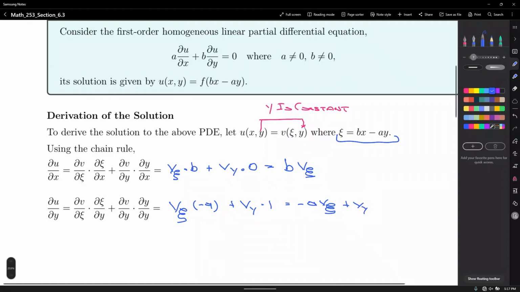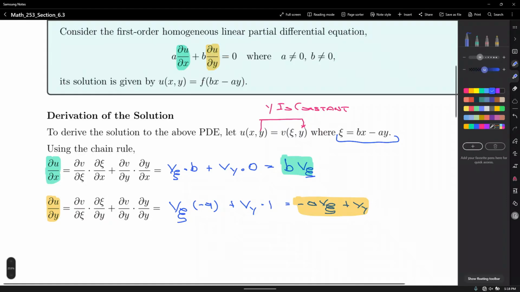What am I going to do here? I'm going to substitute these two back into the original equation. So this term, the partial of u with respect to y, goes here, and the partial of u with respect to x goes there.